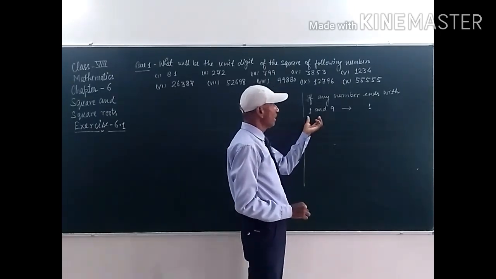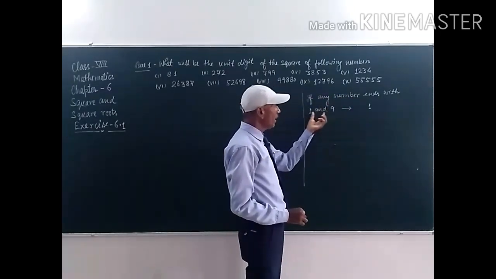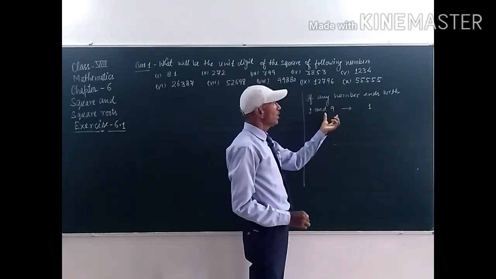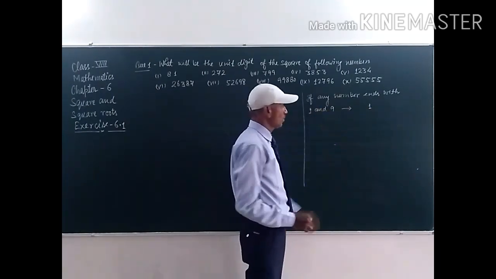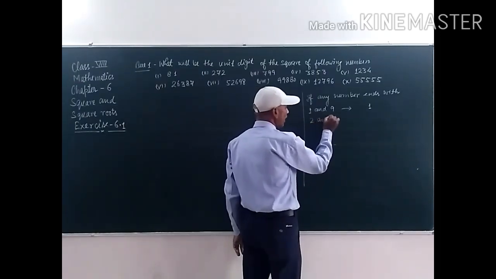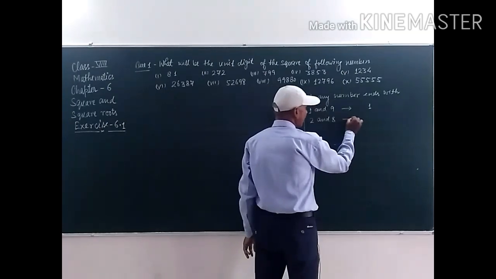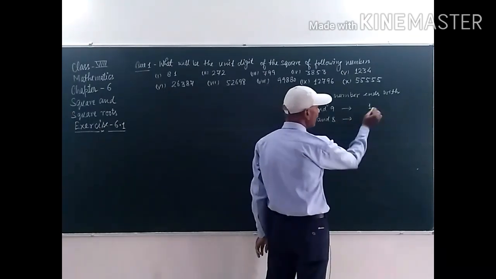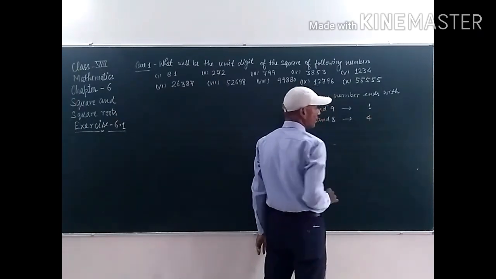If any number ends with 1 and 9, then in the square of these numbers, unit digit will be 1, student. If it ends with 2 and 8, then unit digit in the square of these numbers will be 4, student. Clear?